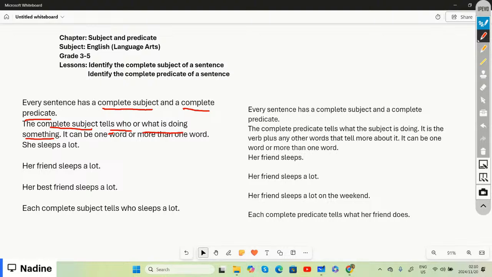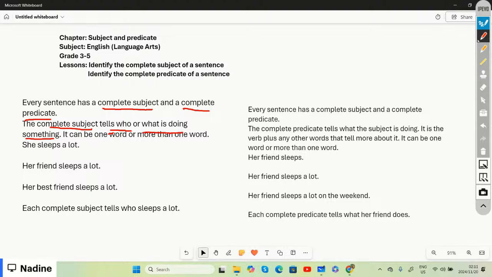And then it says, she sleeps a lot. That is our first sentence.